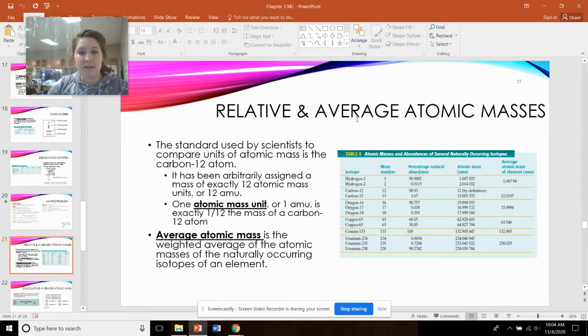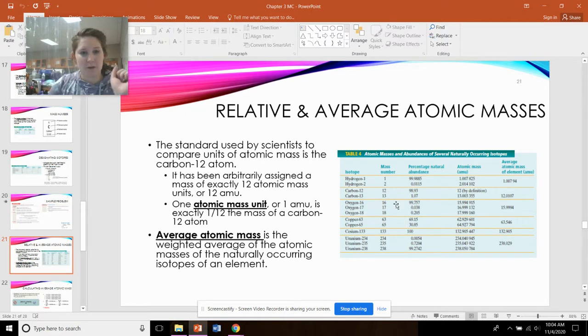All right, so this is the relative and average atomic masses. This is what I was talking about with the decimal points. So the average numbers at the bottom that show the mass number. So we have the atomic number, our symbol, our name, and then our mass number. Those decimals indicate our average mass. And it works just like a grade average, or a weighted average for a grade.